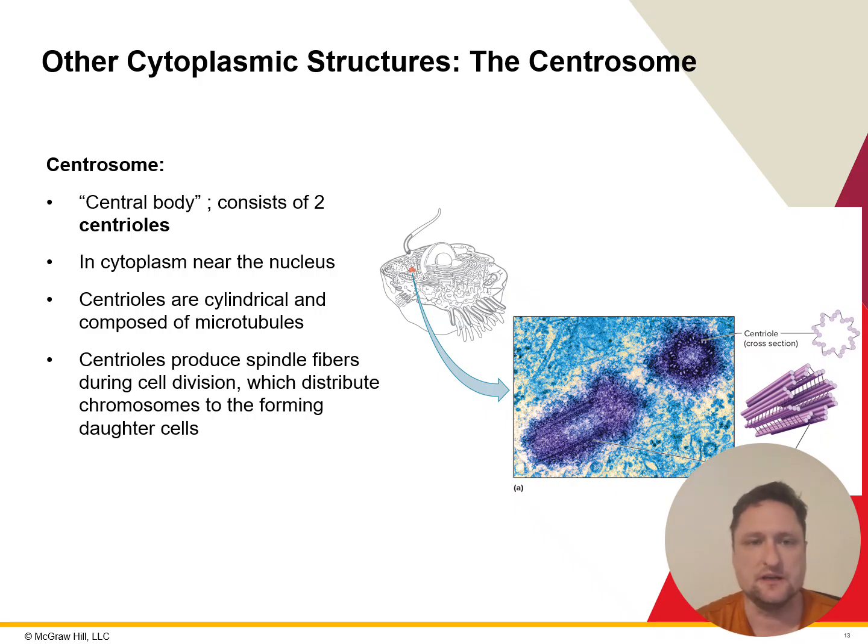The centrioles organize the spindle fibers, and they attach the chromosomes and ensure their proper segregation during mitosis. Without a functioning centrosome, cells would be unable to distribute genetic material evenly, leading to errors in cell division.